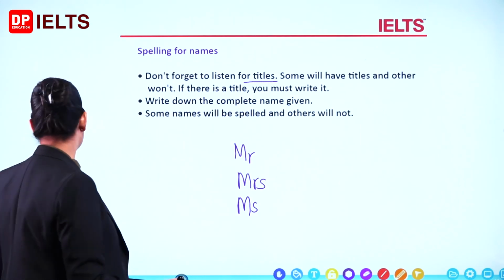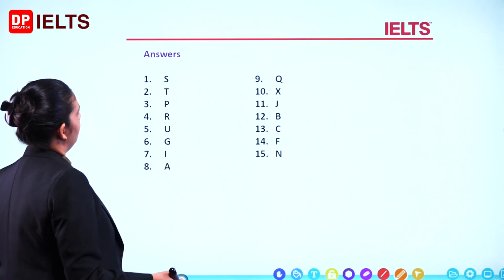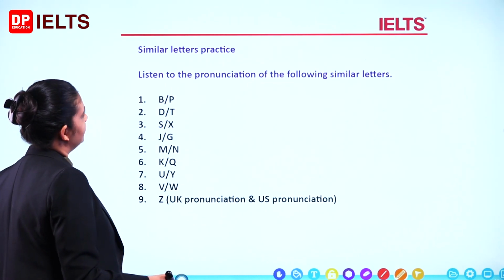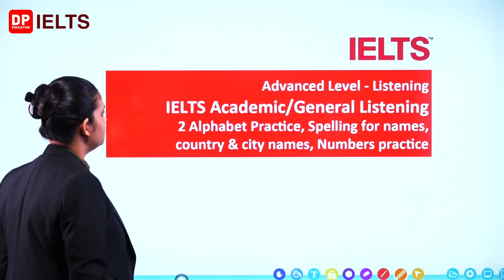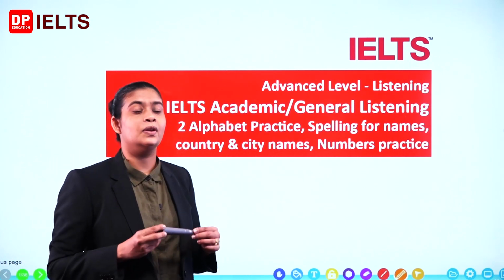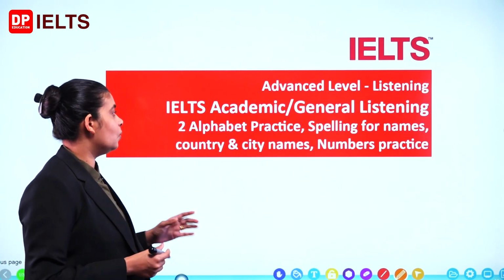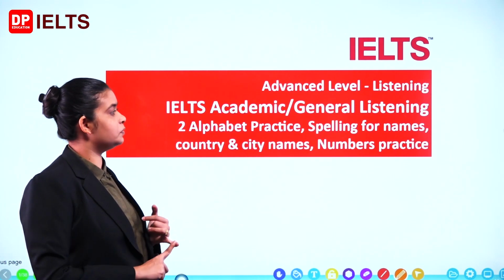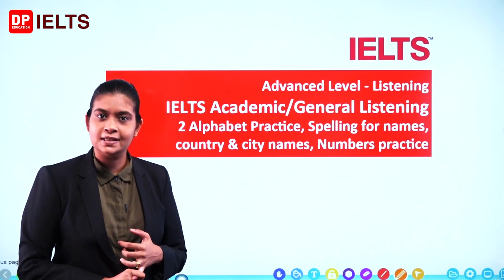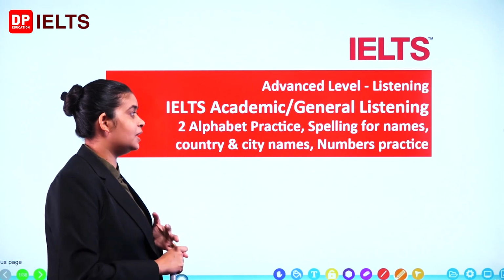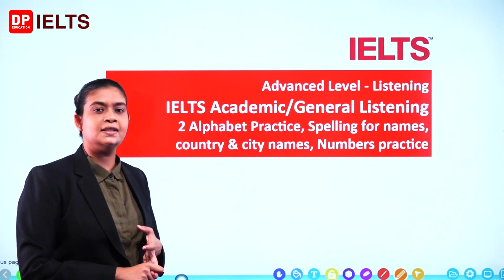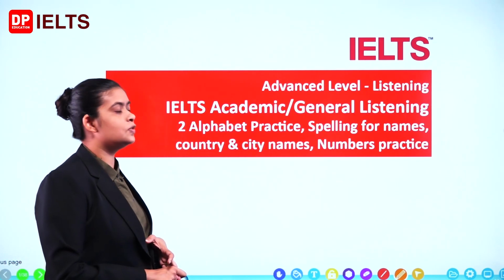Spelling for names. And we also had a look at letters and we practiced the alphabet and some letters. So with that, I think we have come to the end of this lesson where we practiced the alphabet, we practiced the letters, we practiced the spelling for names, countries and names of cities, and also numbers.